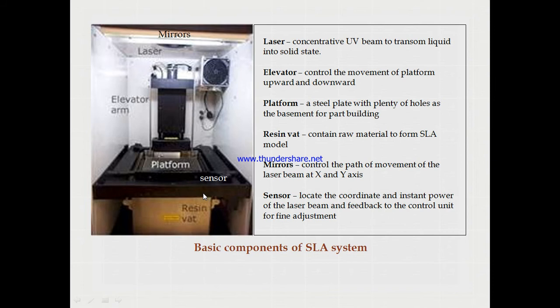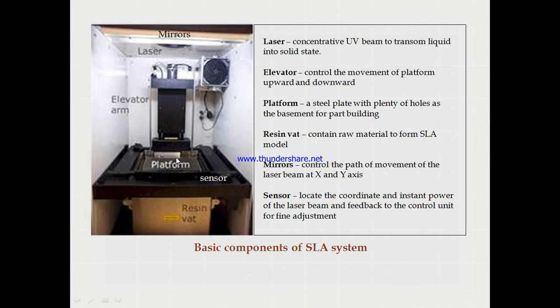So what are the components of an SLA system? Number one, this is the laser, which has a concentrated UV ray beam which can act on this particular monomer or liquid. This is the elevator, which controls the movement of the platform upward and downward.